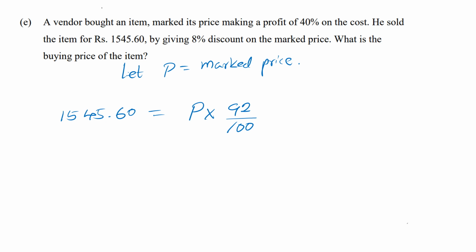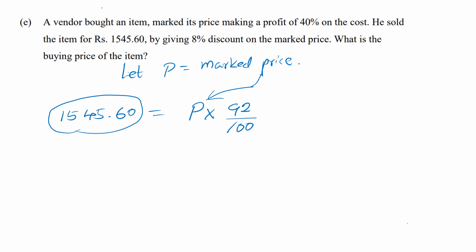This is the price the item was finally sold at, and this is the marked price. So he has to give at 92% of the marked price. So 92% of the marked price is equal to 1545 rupees 60 cents.